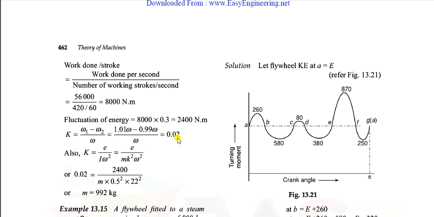Okay, so 0.02. Now once you get CS, you know E is equal to I omega square CS. Okay, omega you know, mean speed. Then we have to calculate M, mass, and radius of gyration is given.